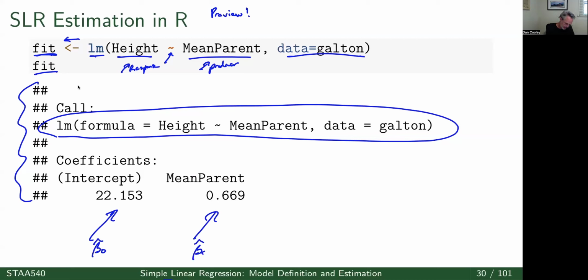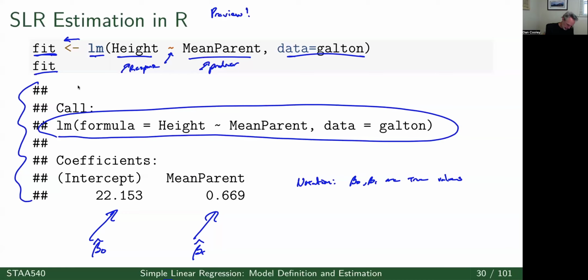A note about notation. So beta naught and beta 1 are the true values. They live happily in math land. We don't know them, but we think that there are true values out there, and they're not random, they're just unknown to us.